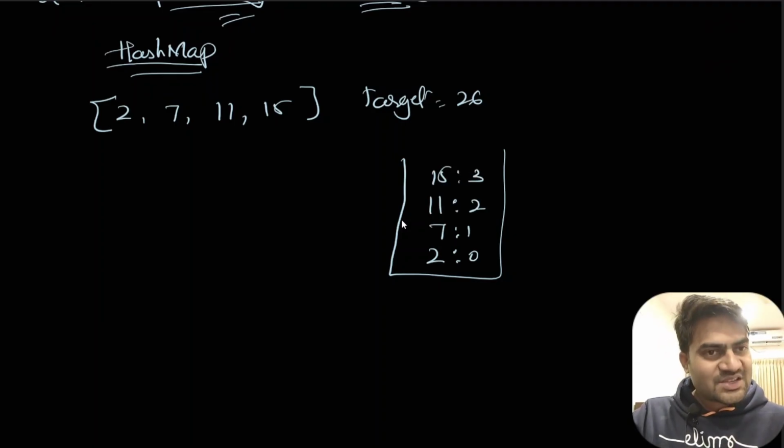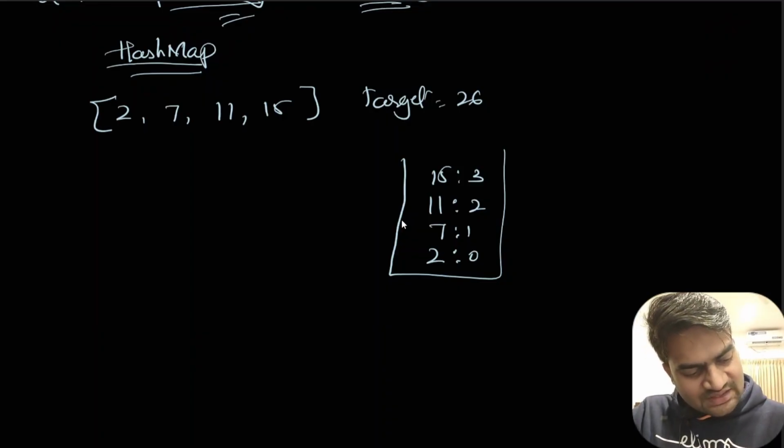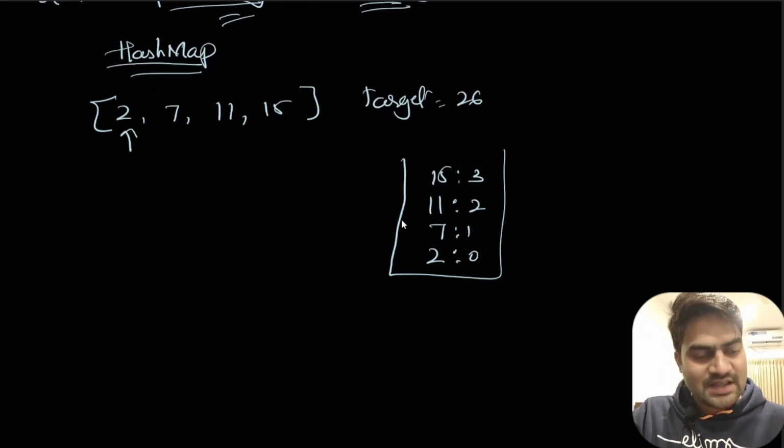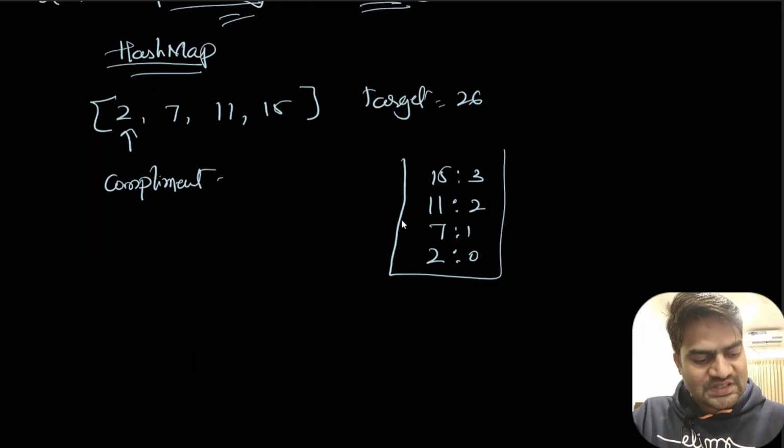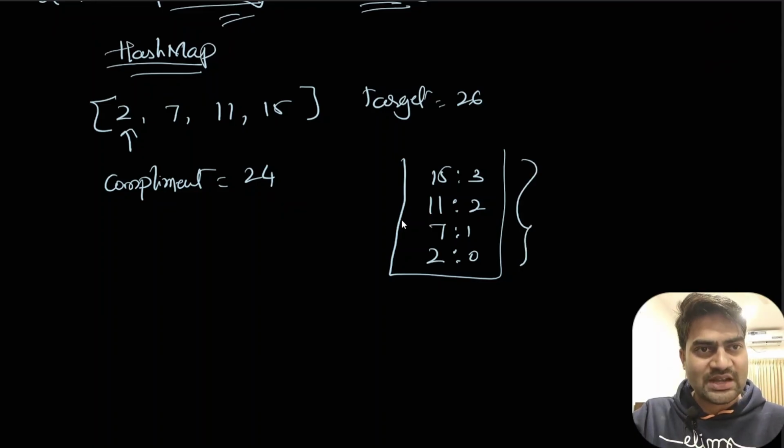Why are we using a hash map? Because search in a hash map is of order 1. So I will use the previous logic. After this, I will start from the first number and check its complement. If 2 is the number, then its complement will be 24. I will check if it is present in this hash map.